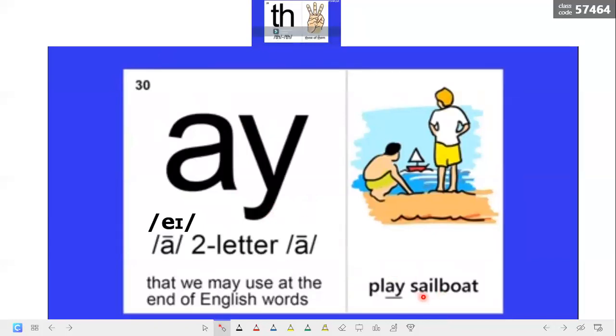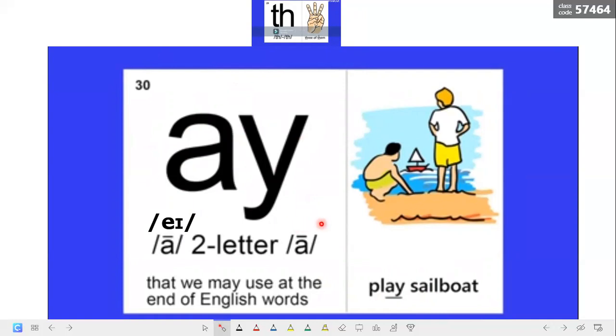But we have the AI, as in the word sail. It gives the same sound, but in spelling, we use AI in the middle of words and use AY at the end of words.